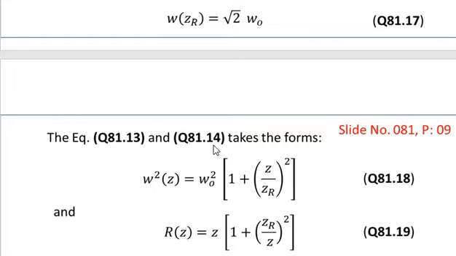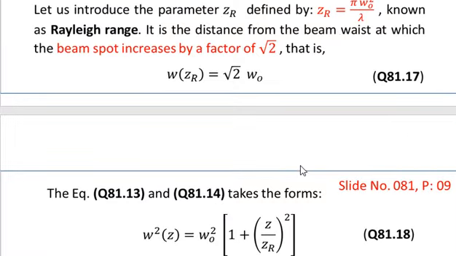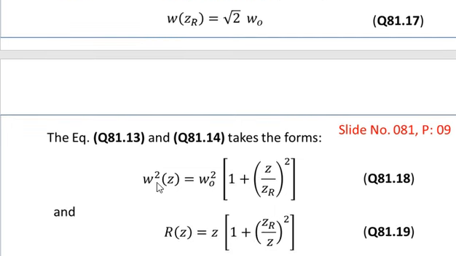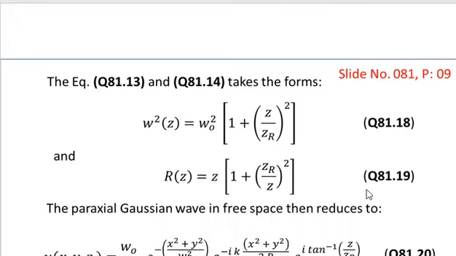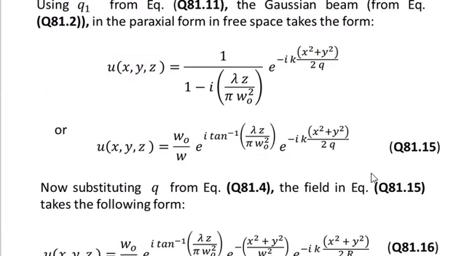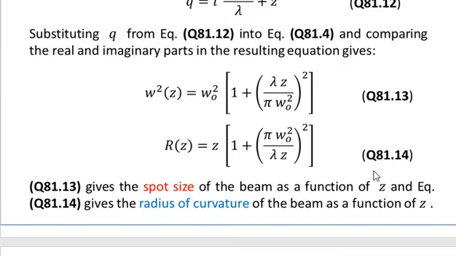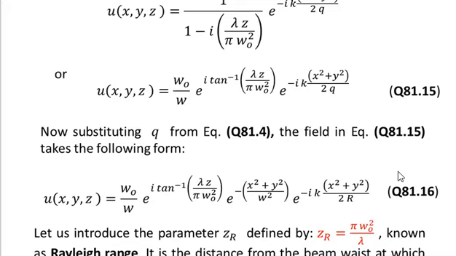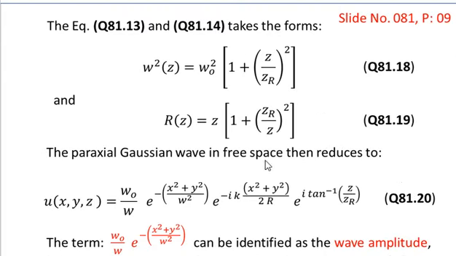So equation number 13 and 14 can be expressed in terms of the Rayleigh distance zr. So we have w square of z is equal to w naught square, and within the square bracket we have 1 plus the square of z over zr. Equation number 18 follows directly from equation number 13, and then from equation number 14 we obtain equation number 19, which is R of z is equal to z into square bracket containing 1 plus square of zr over z.